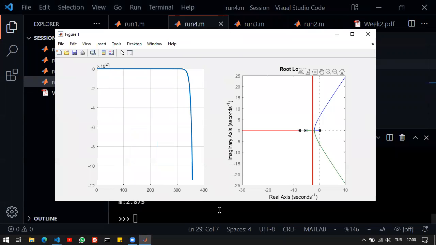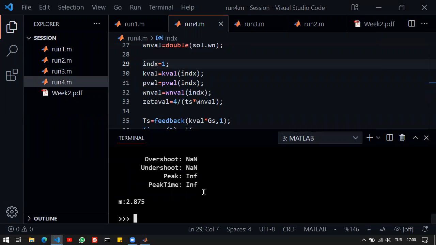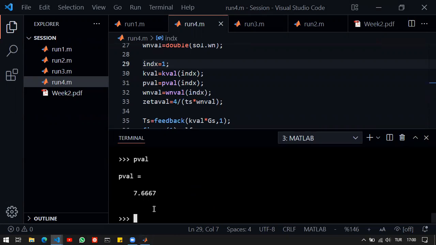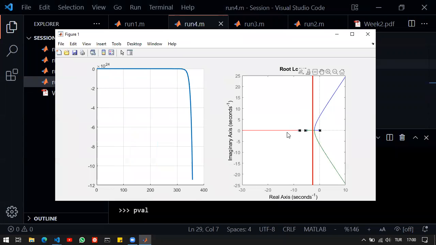So what is the issue? First of all, we have p-val. This is 7.66. So it shouldn't be really a big deal, even though my ratio is not that high.